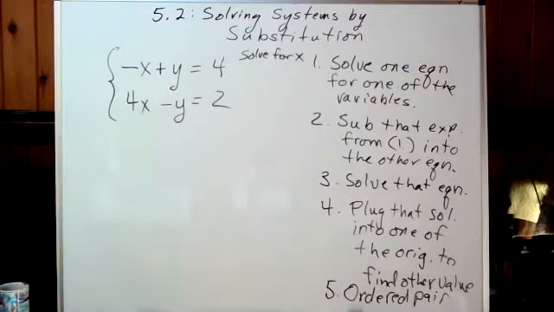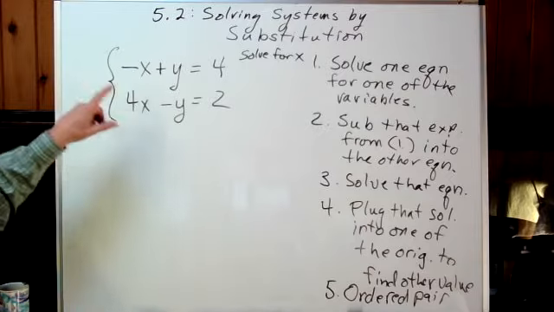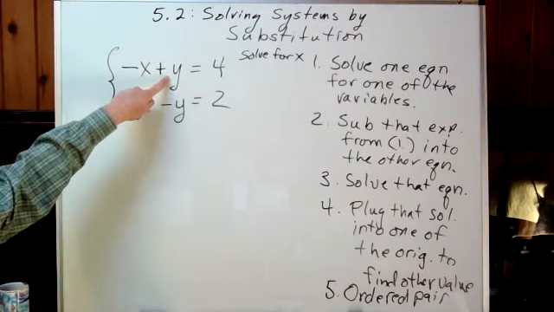All right. Here's one like the second example I did, where neither equation is solved for one of the variables yet. So you need to pick one of the variables to get all alone from one of the equations. The y might not be too hard here.